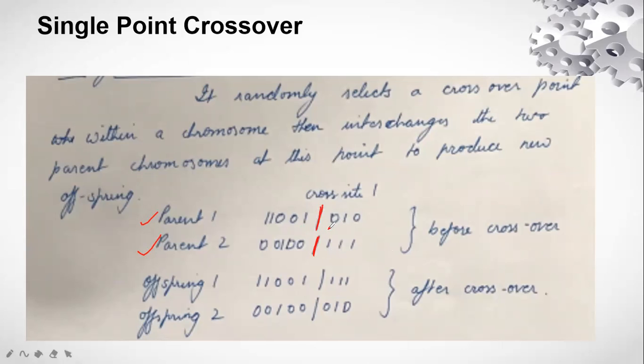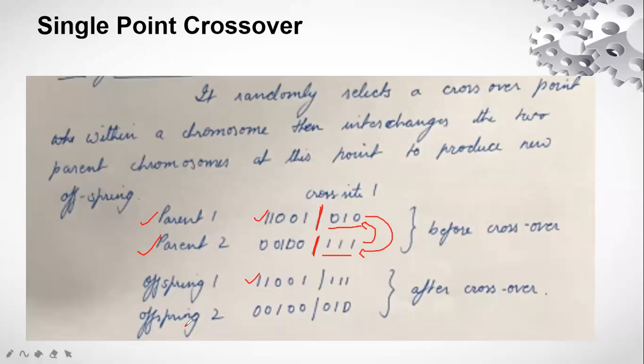So after this cross site, what are the bits? These are the bits. Now I'll create offspring 1. These particular bits will be the same as this one, so it is 11001, 11001. And I have swapped these two bits, so here it will be 111, from parent 2, I have made it to offspring 1.